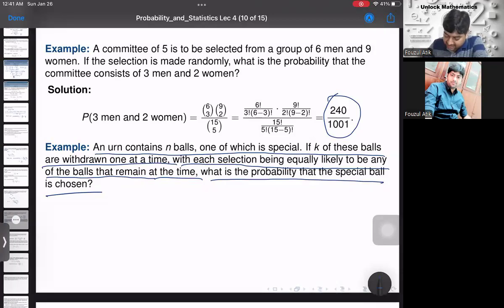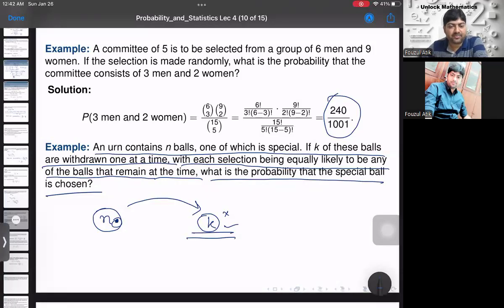So you have basically n number of balls in an urn, and you are selecting k number of balls among them. And in these n balls, there is a special ball, this one. Now in this k selection, this special ball may be there or may not be there.